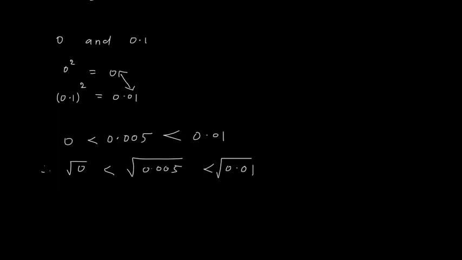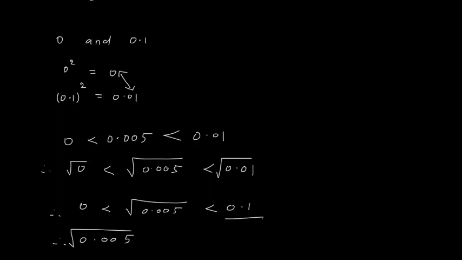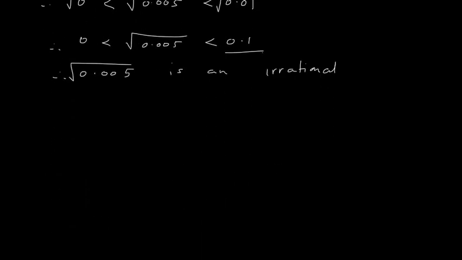So therefore I will say that 0 is less than the square root of 0.005, and this is less than 0.1. So therefore the square root of 0.005 is an irrational number between 0 and 0.1.